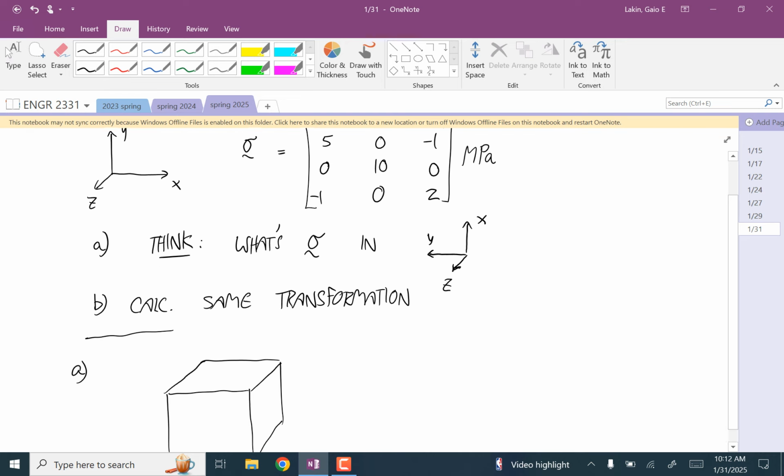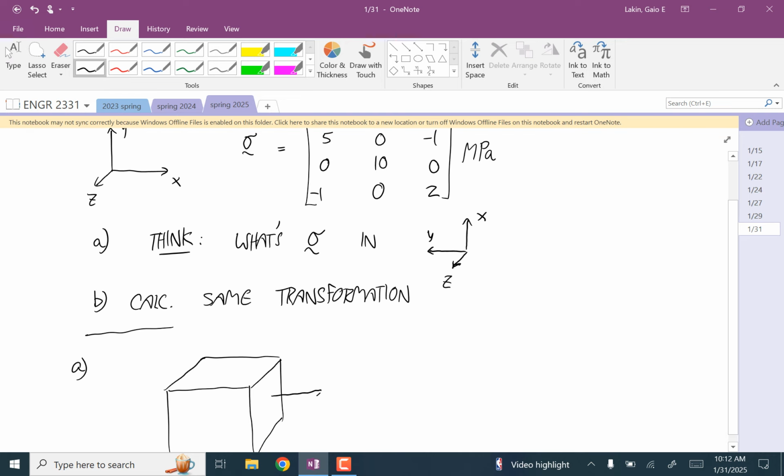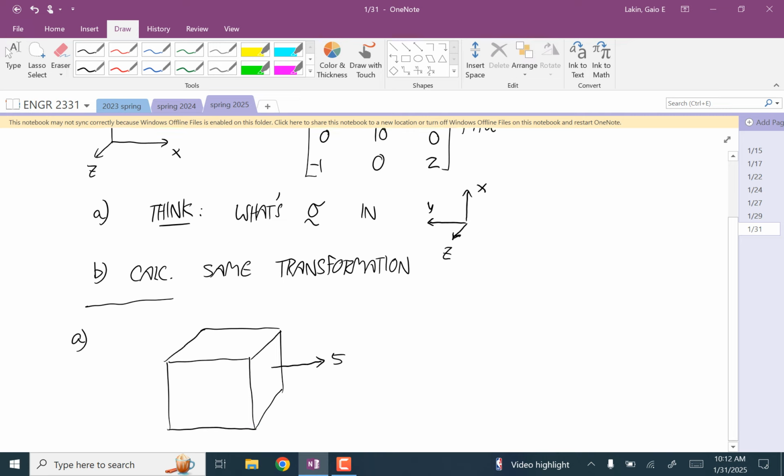So we have +5 for the xx, 0 for the y on the x face, and -1 for the z. So I'll put that as +1 and put it in the -z direction. And that means we have 1 going this way.